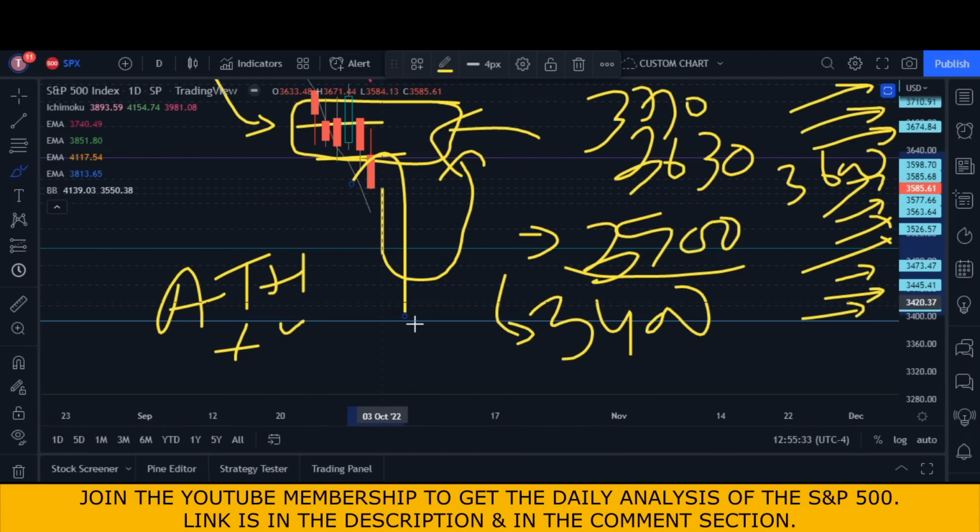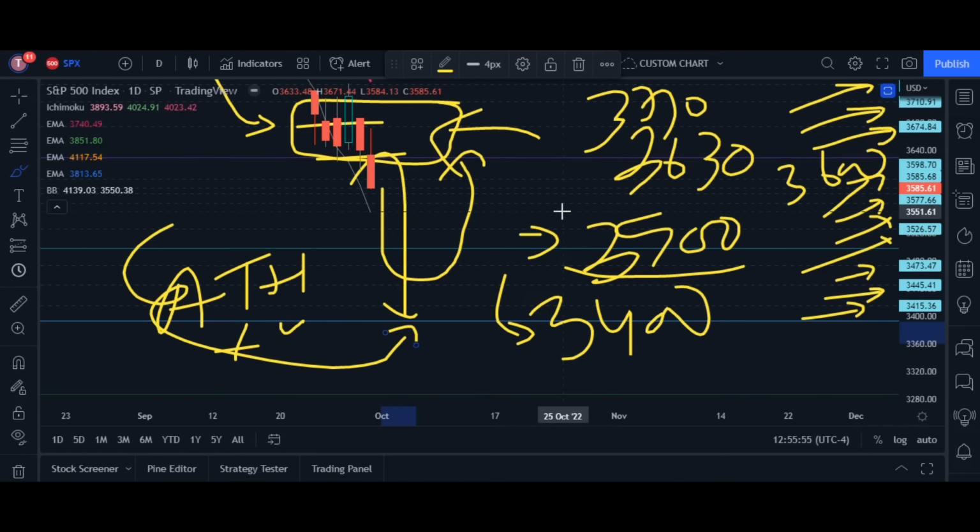This means that whenever the S&P 500 comes down, that previous all-time high is going to give some good support to the S&P 500. Anyways, I will talk about the probable movement of the S&P 500 when we discuss the S&P 500 technical analysis on the daily chart. So as of now, these are the support and resistance levels.